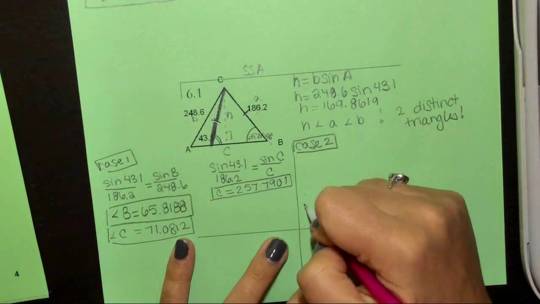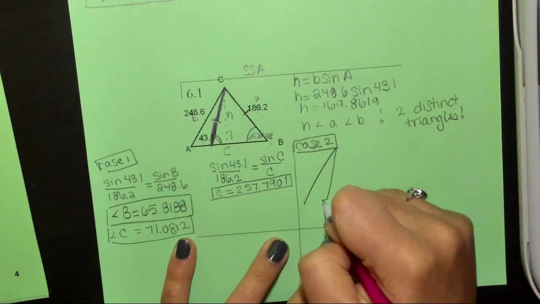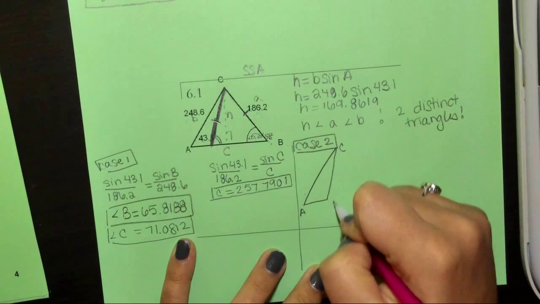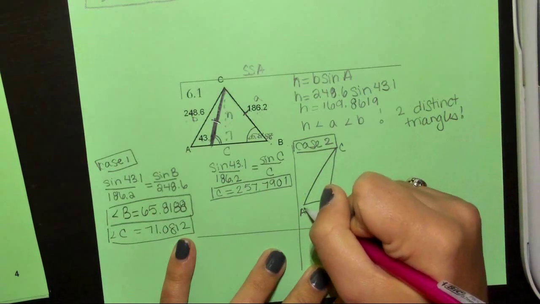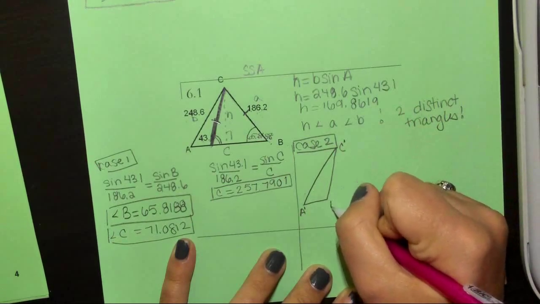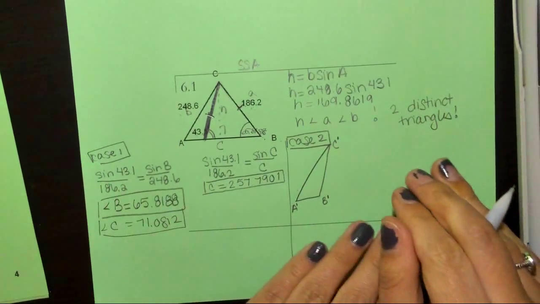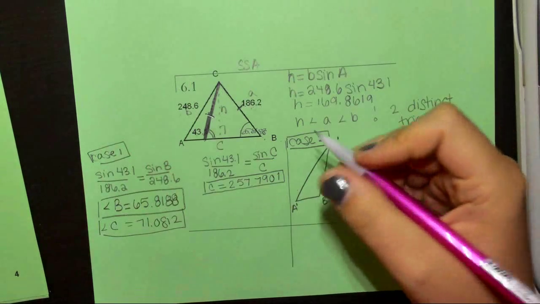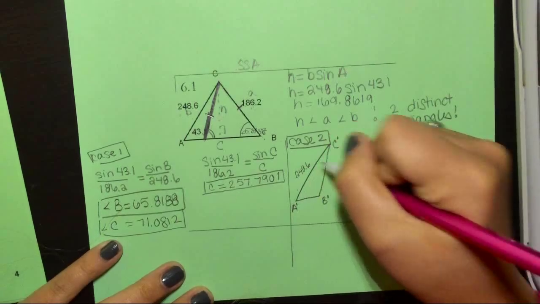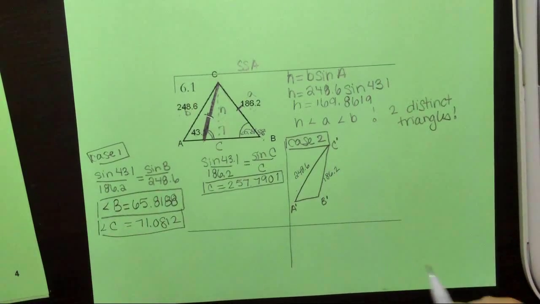Okay, so I'm just going to draw this picture out again. And I'm going to use primes here because we need to differentiate if we're in case 1 or case 2. They can't be the same thing. Okay.